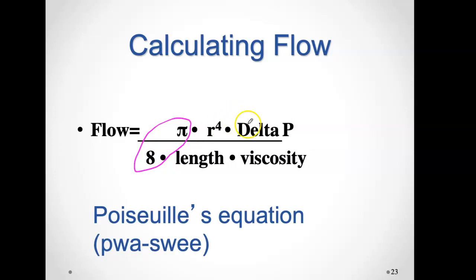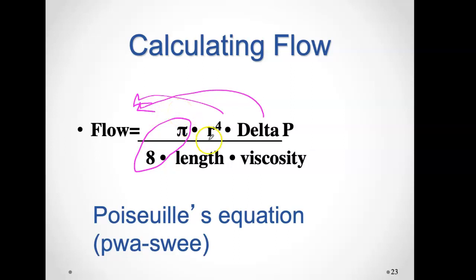So you know that pressure and radius are going to be directly proportional to flow. The greater the radius, the greater the flow. And the greater the pressure, the greater the flow.